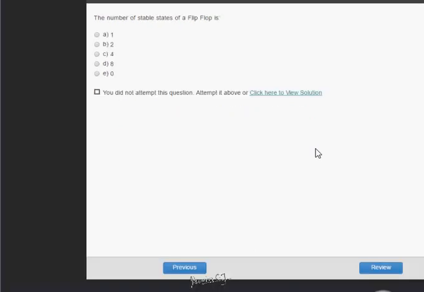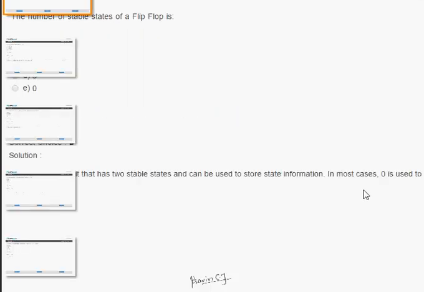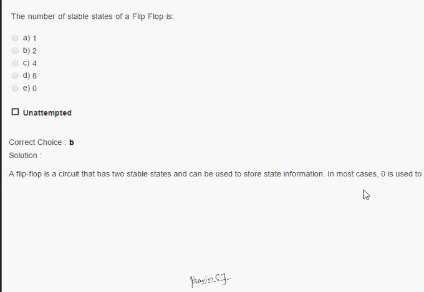The number of stable states of a flip flop is 2. A flip flop is a circuit that has two stable states, and that can be used to store state information. In most cases, 0 indicates one of the states, and 1 is the other state. Okay, there are only two states for a flip flop.